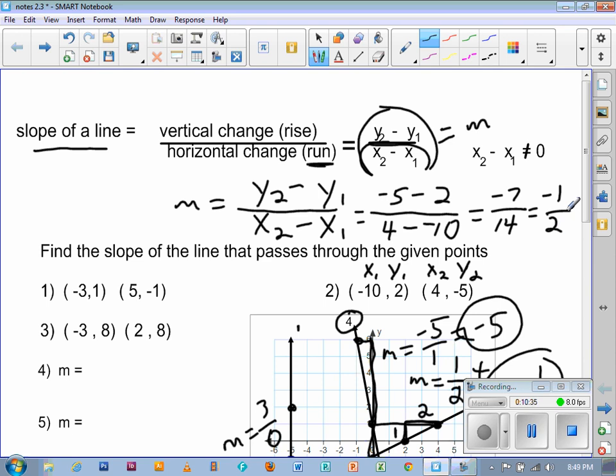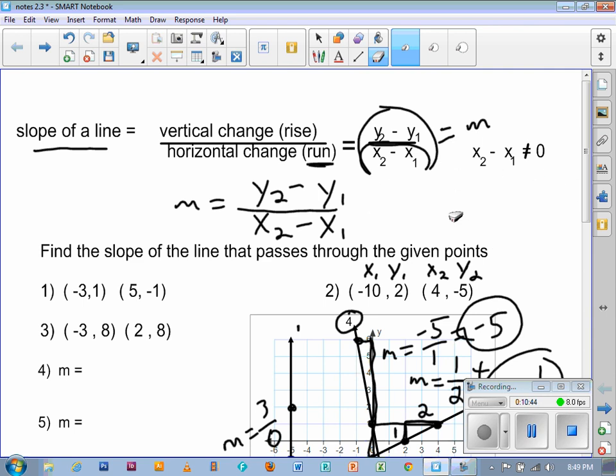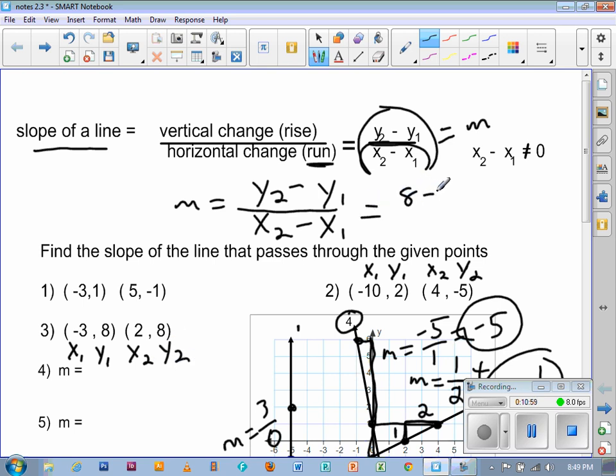Hopefully that went well. For number 3, if we do the same thing, let's erase that previous problem, and let's again identify x sub 1, y sub 1, x sub 2, y sub 2 as your two sets of points. We would end up with 8 minus 8 over 2 minus a negative 3. Now you'll notice in this one we end up with 0 on top and 5 on the bottom.